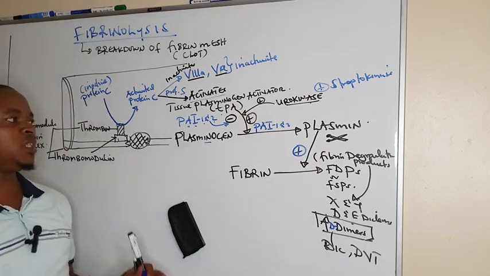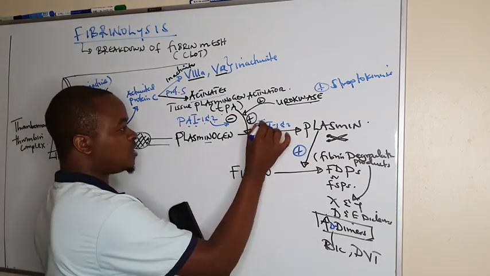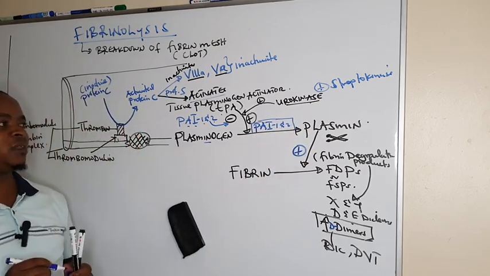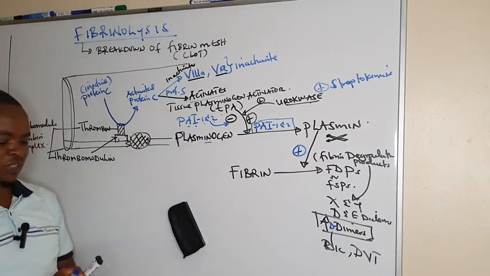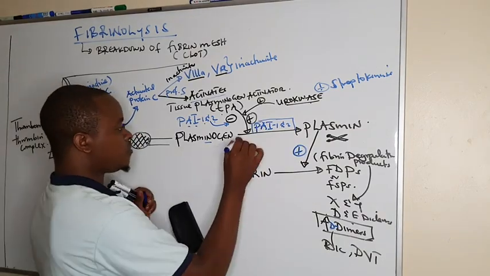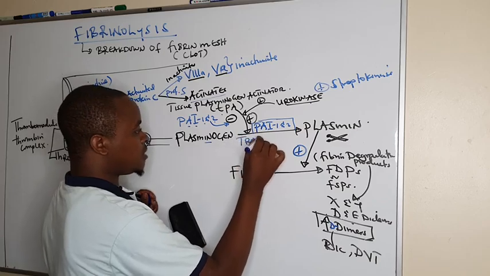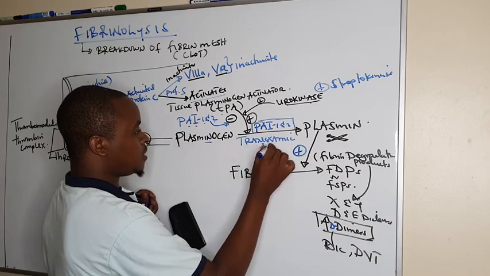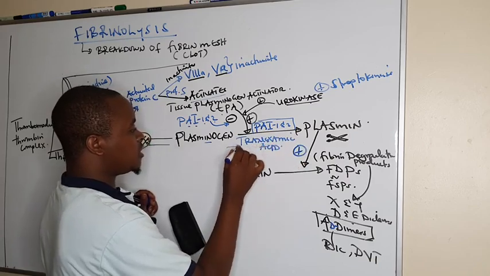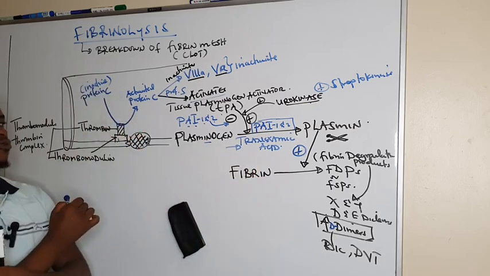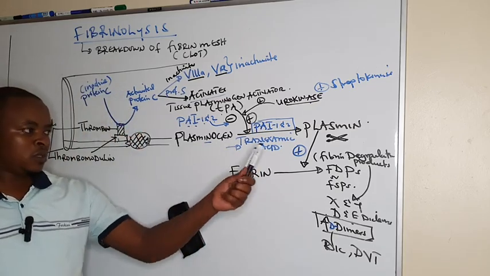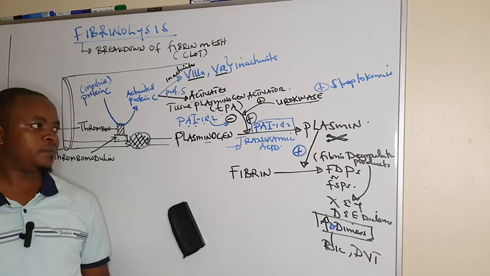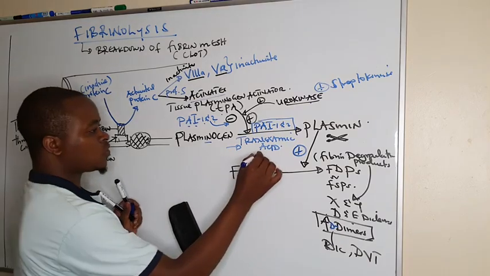But if we want to inhibit, naturally in our body we have plasminogen activator inhibitor, or you can use tranexamic acid. Tranexamic acid is the drug we use in pharmacy to treat people with DIC so that we can inhibit this. So this one also inhibits.